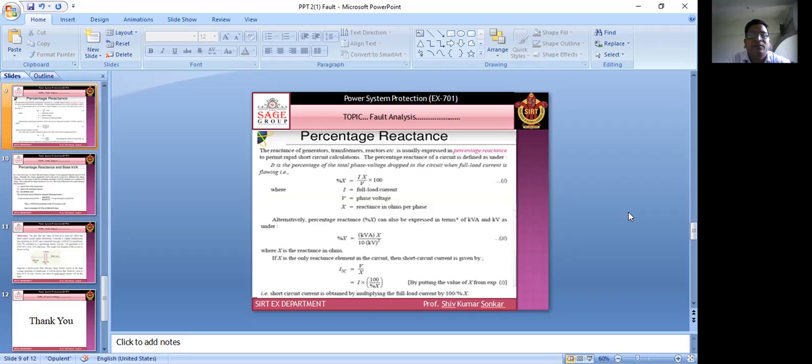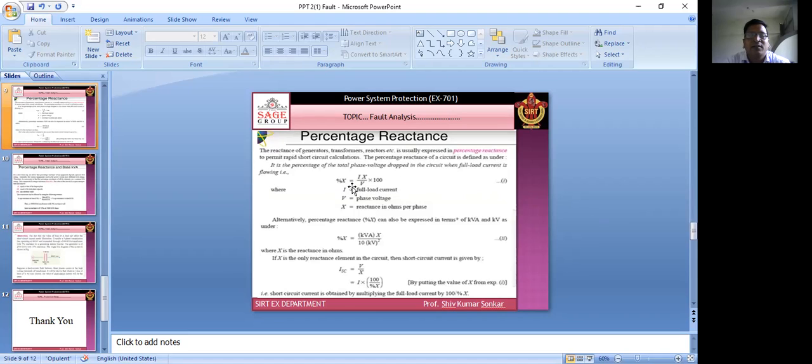Percentage reactance. The reactance of generators, transformers, reactors, etc. is usually expressed in percentage reactance. The percentage reactance is the percentage of the total phase voltage drop in the circuit when full load current is flowing.